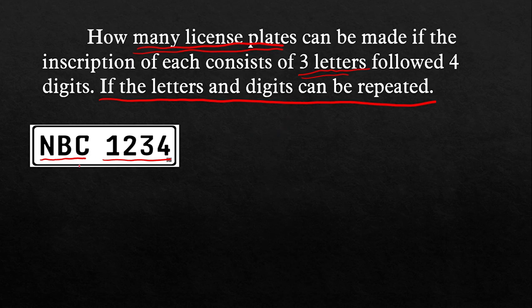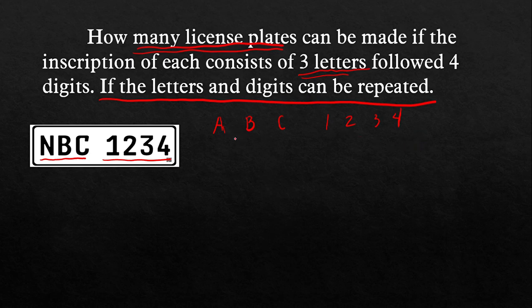We need 3 letters and 4 digit numbers. For the first letter, it can be A, for the second letter, it can be B or C. For the numbers, it can be 1, 2, 3, or 4. So 1 is also a possible outcome.